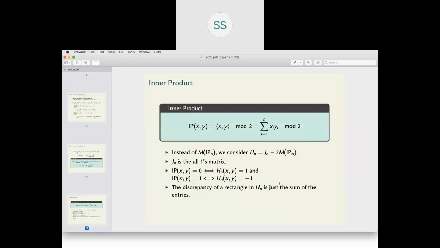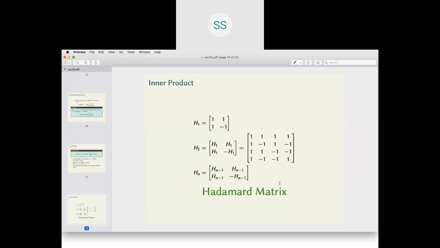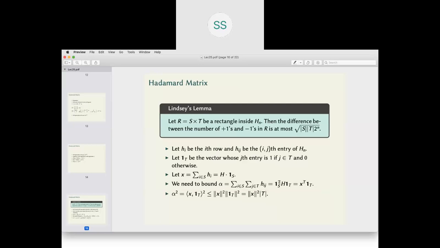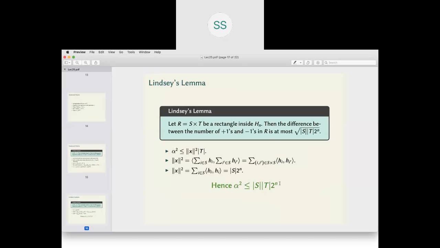And inner product, we considered inner product, and we translated the matrix where 0 was translated to 1 and 1 to -1. We considered this and we showed that the difference between zeros and ones is at most something, square root of size of s, size of t times 2 power n.